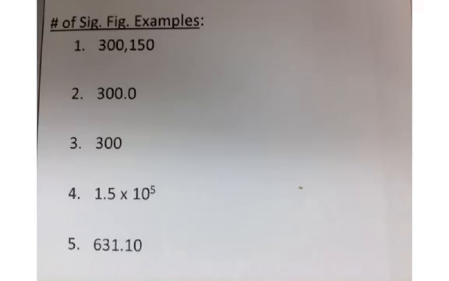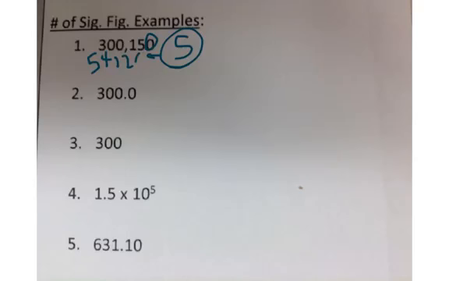Step 3 says start counting at the first non-zero number. A non-zero number is any number other than 0. So this guy right there, this is a 0, so I won't start counting. I'm going to start counting at this 5, so it's 1, 2, 3, 4, 5. Because once you start counting, you keep counting until you run out of numbers. So this one would have 5 significant figures.